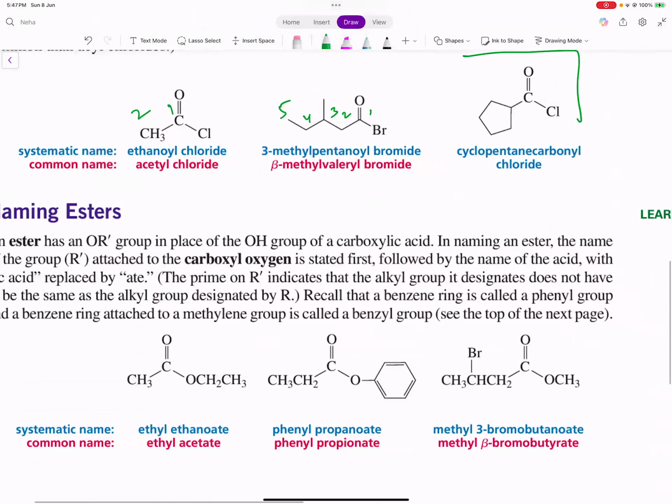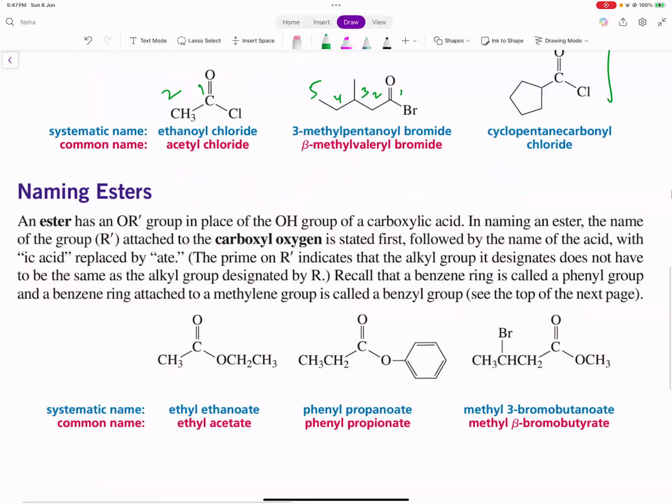Esters: an ester has an OR' group in place of the OH group. In naming an ester, the name of the R' group attached to the carboxyl oxygen, that is this oxygen, this alkyl group is stated first, followed by the name of the acid with ic acid replaced by ate.